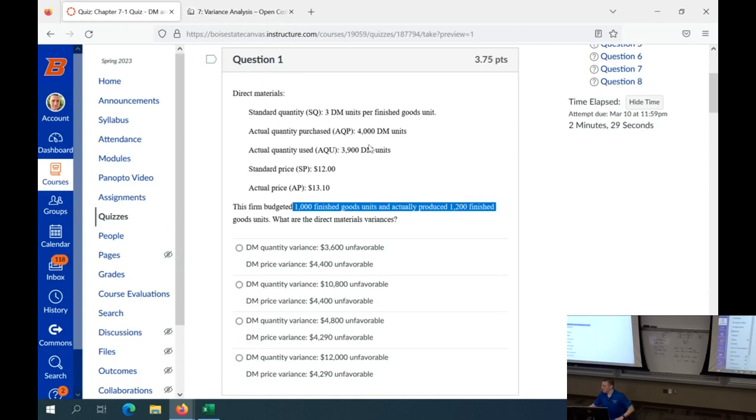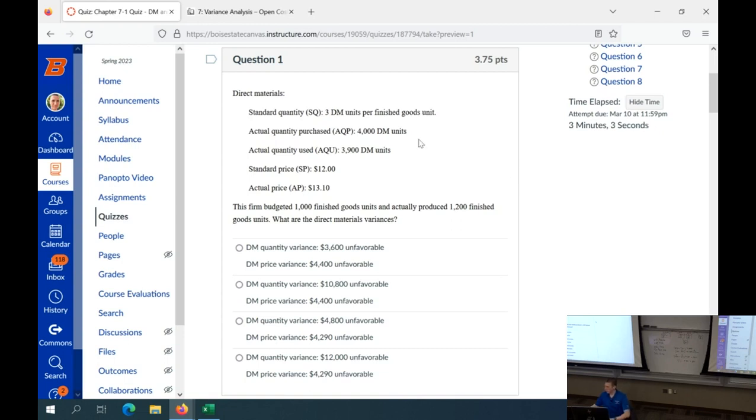Because the problem we're trying to solve here is there are two different types of units. You didn't realize it, but this chapter is about foreign exchange. We've got dollars and we've got euros, and we can't do calculations in either one till we convert it to the other. So we've got finished goods units and we've got input units. I say input because it could be direct materials, direct labor, or some form of input.